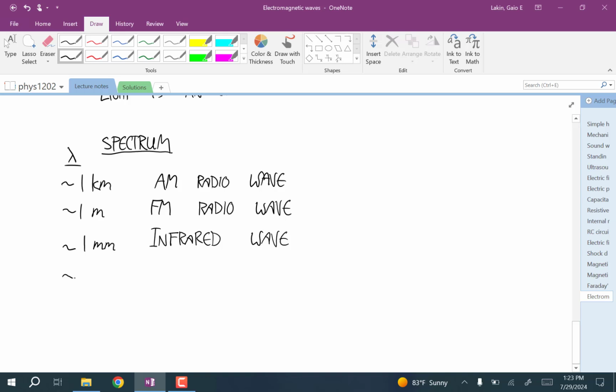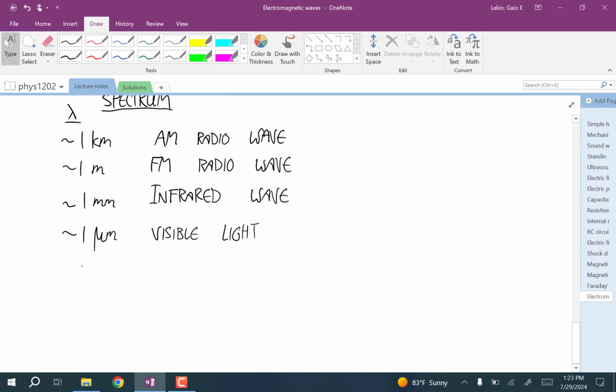On the order of about 1 micron, 1 micrometer, is the spectrum of visible light. At about the length of 1 nanometer is ultraviolet.